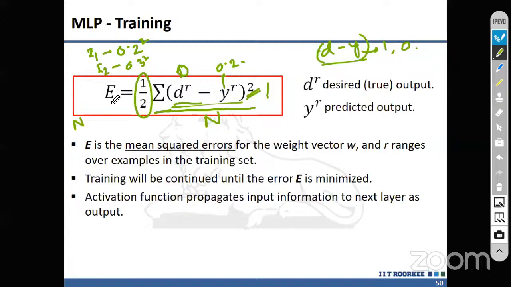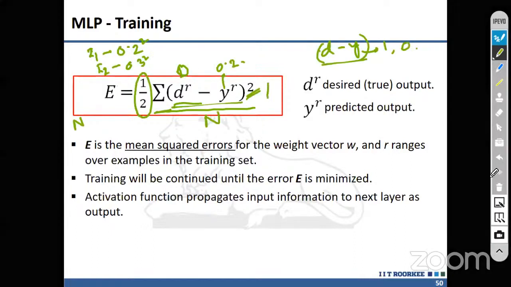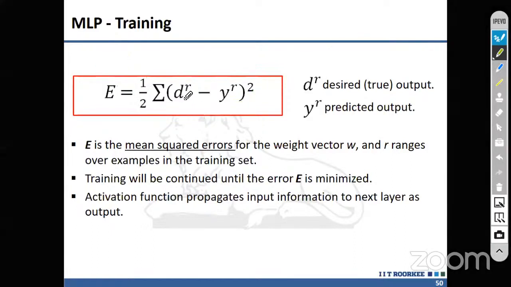But whatever the error is, whether half is there or 1/4 is there, it doesn't matter. Just to make the mathematical calculation easy, I'm adding this half term. So I'm considering this error as 1 by 2 of the summation of d_r minus y_r whole square. This is the mean square error. It is for a single example, r.